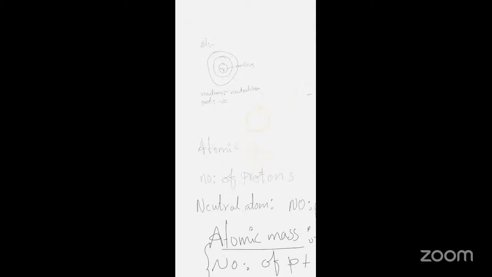So today we first discussed the structure of atom. It is made up of a nucleus and external shells. The nucleus contains neutrons and protons, while the shells contain electrons revolving around it. Neutrons have neutral charge, protons have positive charge, and electrons have negative charge.